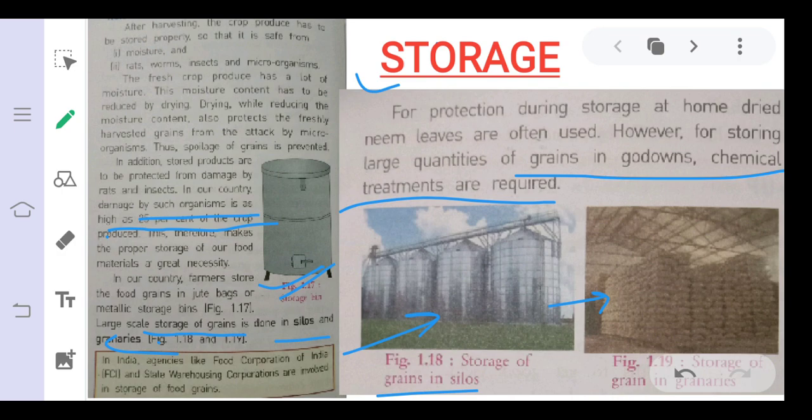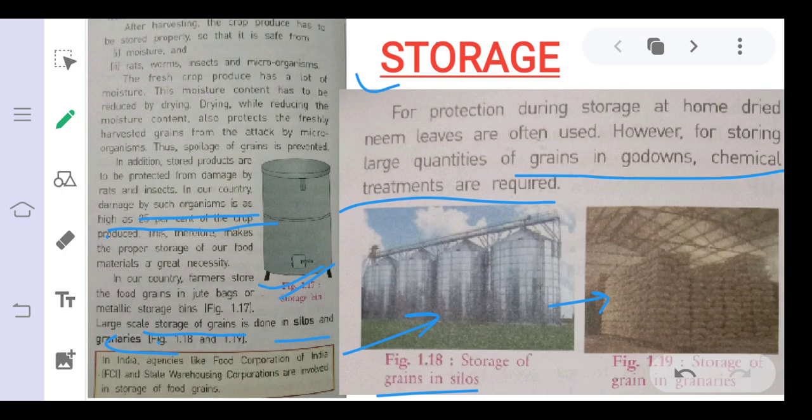So all these measures should be taken to store the grains in different places, either in our homes, in the silos, or in the granaries, so that the destruction of the food is stopped.